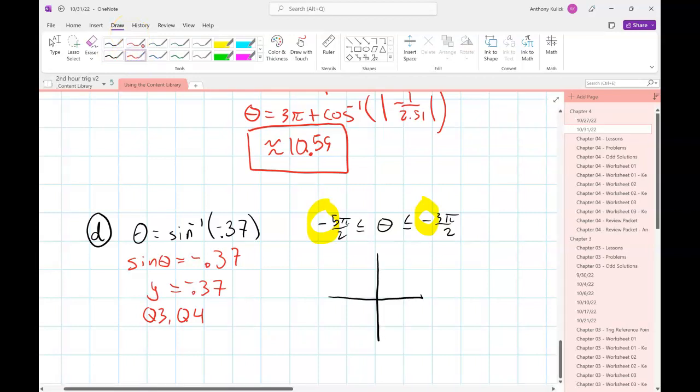Now, when I do this, again, we're starting on the positive x-axis. But because my angles are negative, which way am I rotating? Clockwise. So this is negative a half, negative 1, negative 1.5, negative 2, negative 2.5.